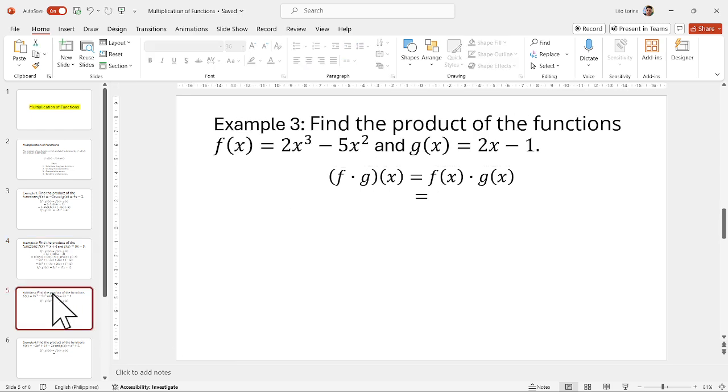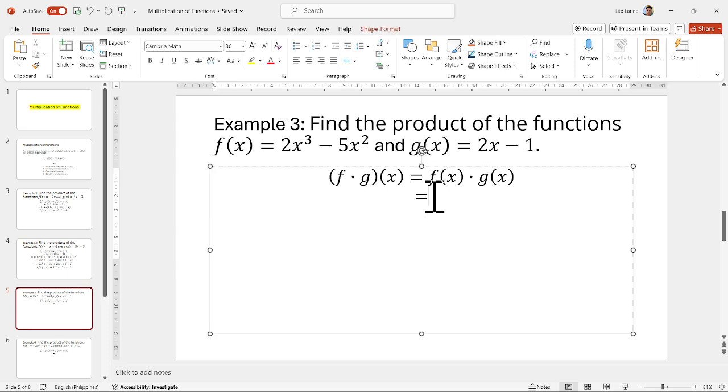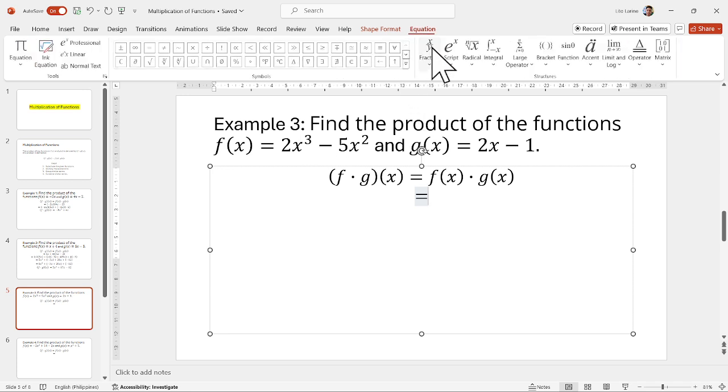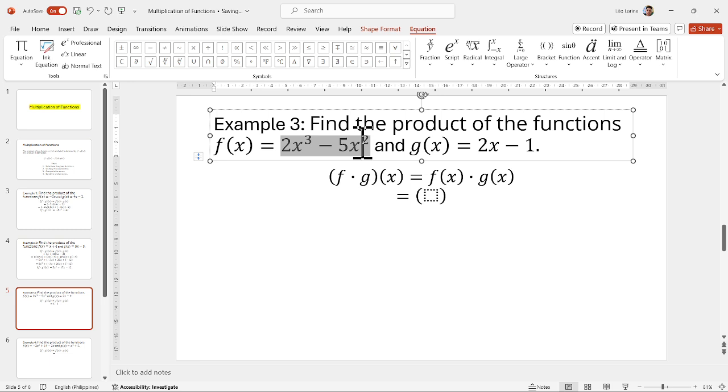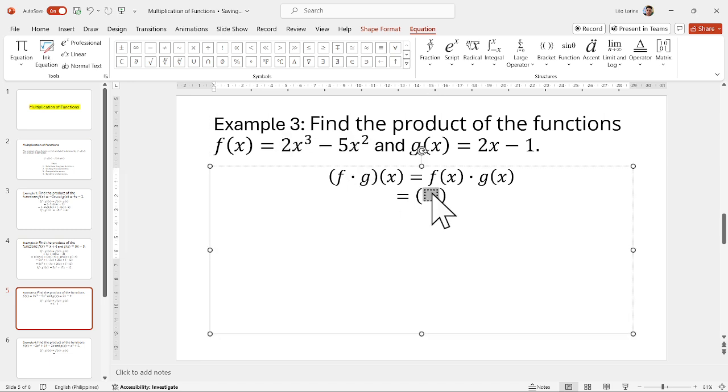Let us have example number 3. Find the product of the functions f of x equals 2x cubed minus 5x squared and g of x equals 2x minus 1. We will do the same process. Again, we substitute the expression. We will just copy paste this.